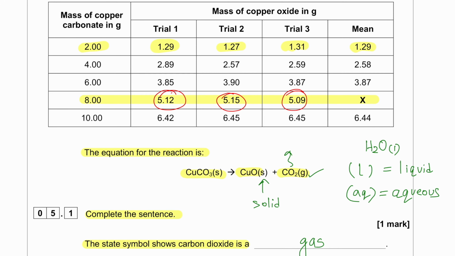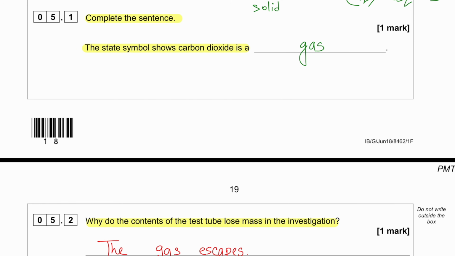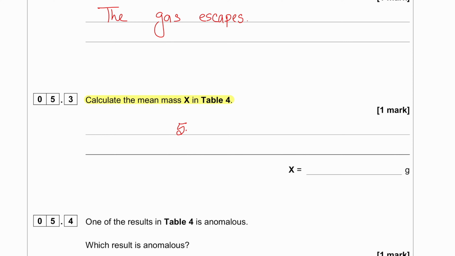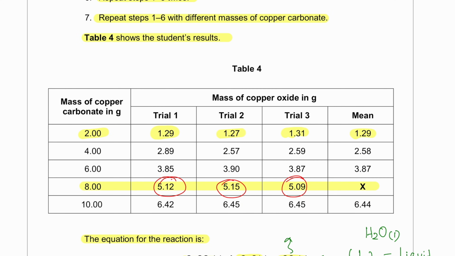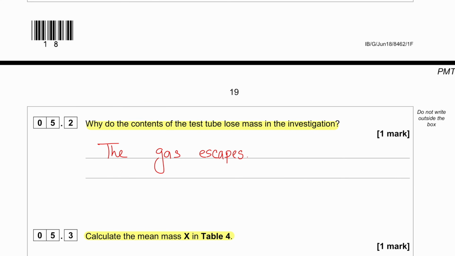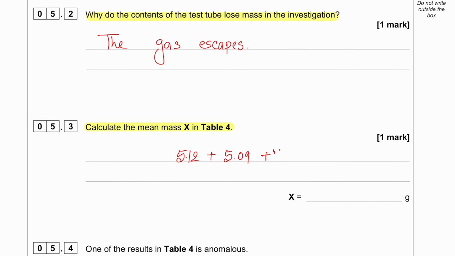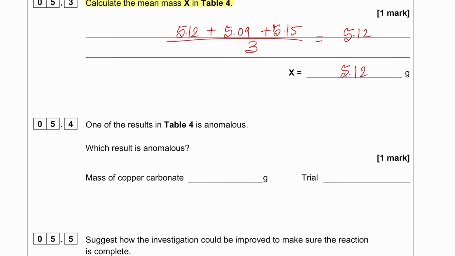We can add these three: 5.12, 5.09, the last one, and 5.15. Then we divide by 3 because we have 3 sets of values. The answer comes to 5.12. Here it is written G. This G refers to gram.